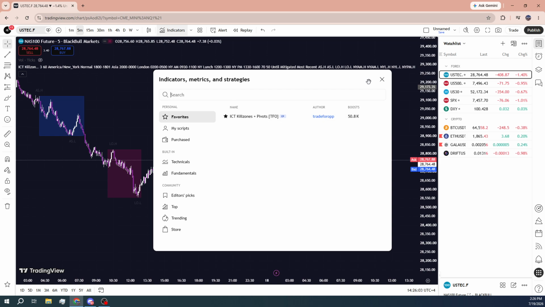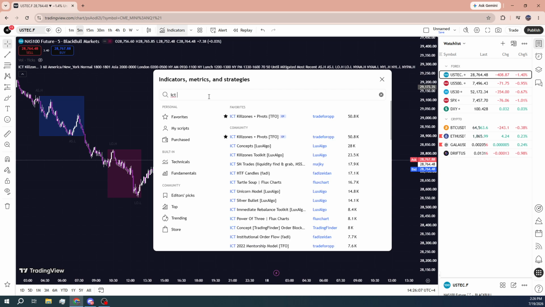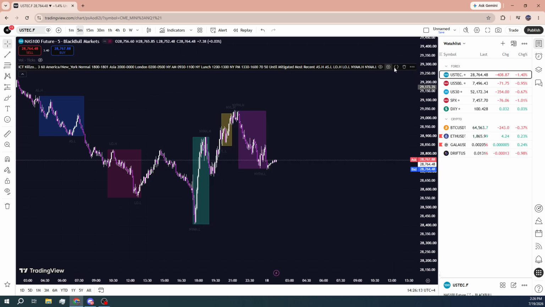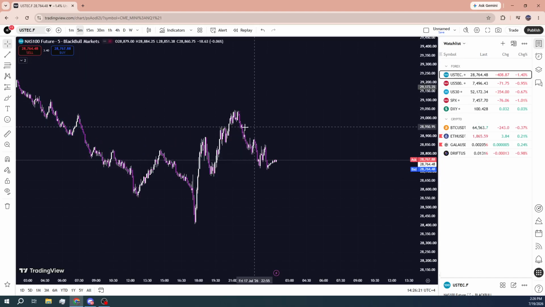You can go in indicators and search literally for ICT kill zones and pivots, and add it to your chart here. And you will see the sessions, which you have no clue what they are, but we will explain everything, okay?